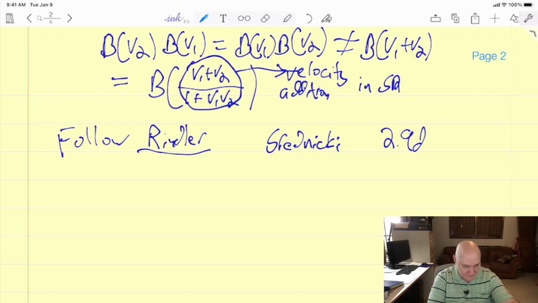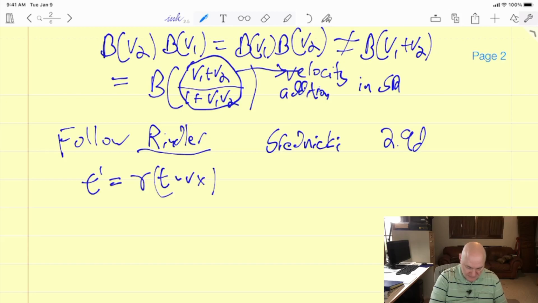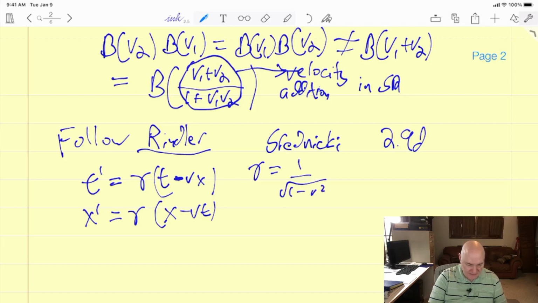Now, the way to do it is very simple. We go back to the defining equations, and what we do is we simply add and subtract these two equations.